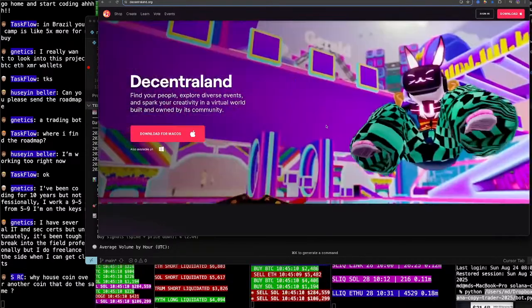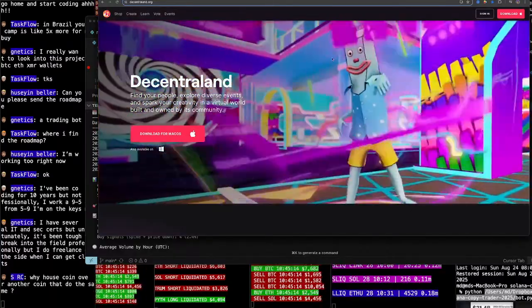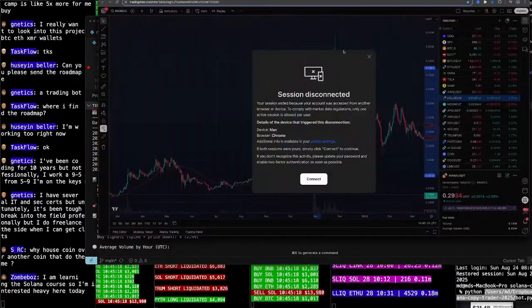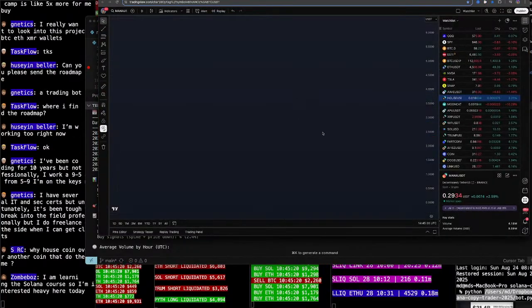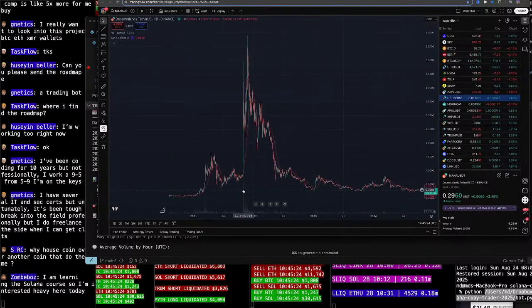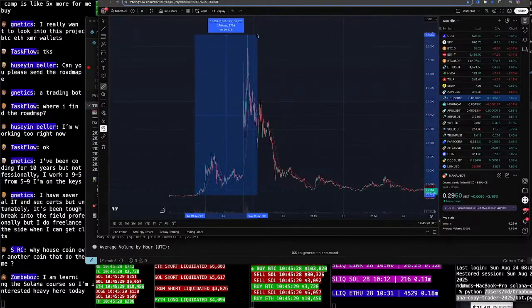Of course, I started with Decentraland, and that did really, really well for me. I mean, Facebook changed their name to Meta while I was in that trade. So it was a crazy one.